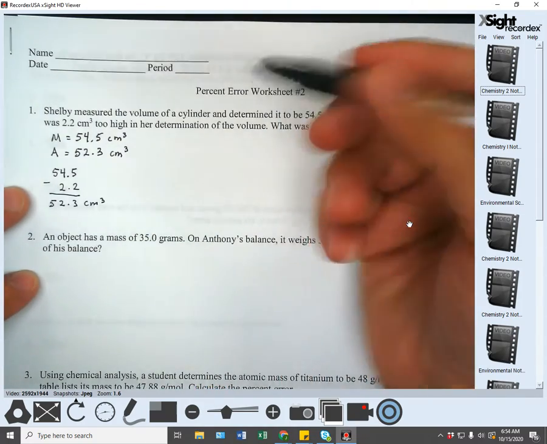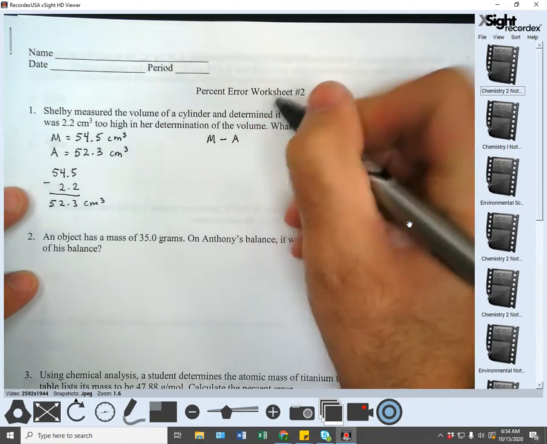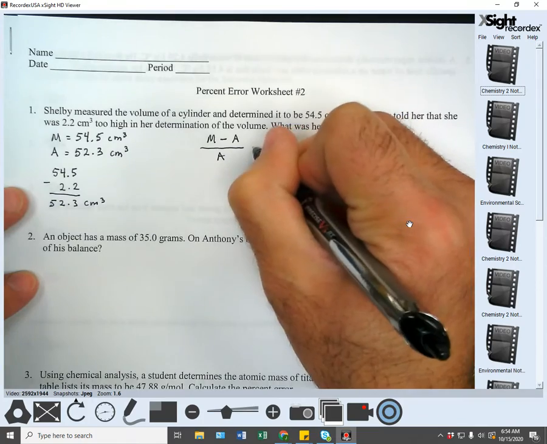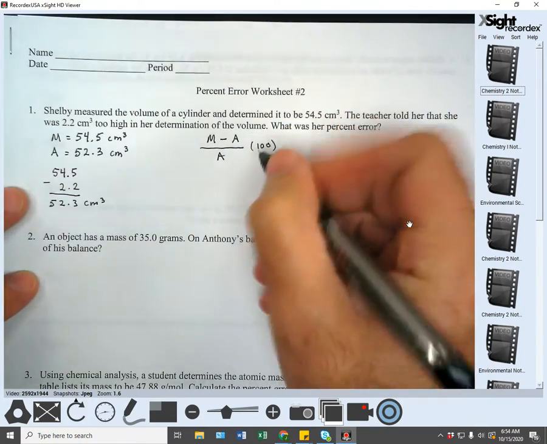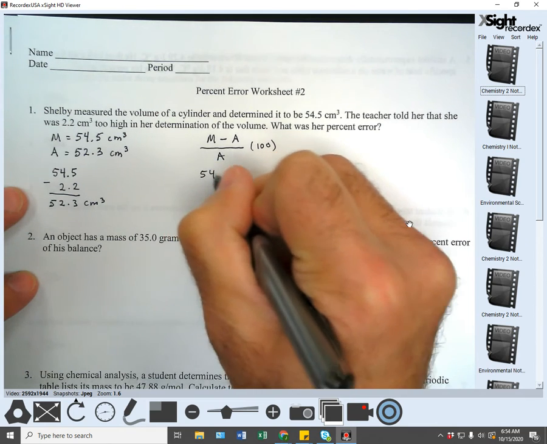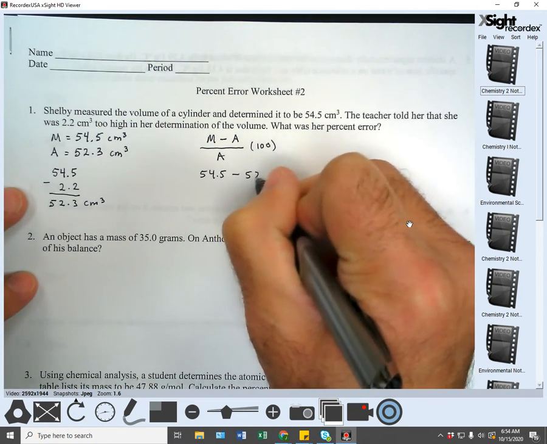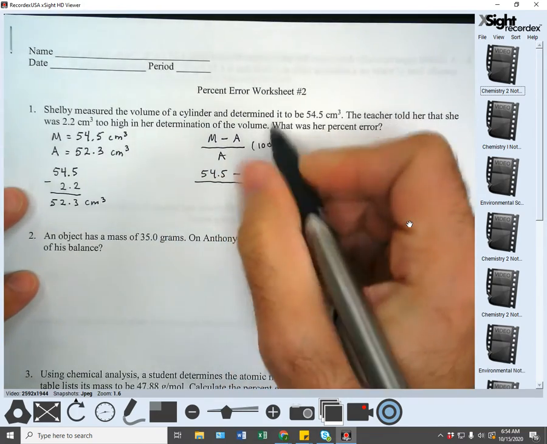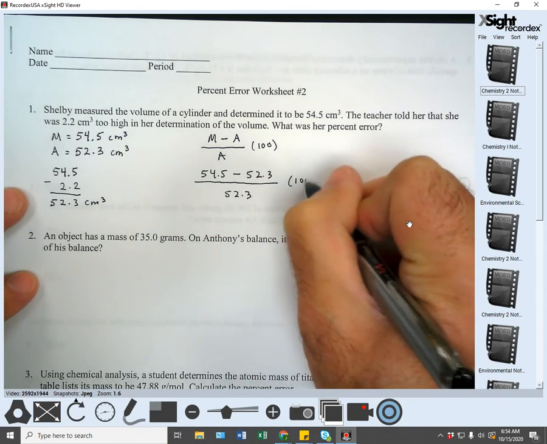Okay, so our percent error equation is measured minus accepted, all over accepted, times 100. So we're going to plug in the parts: measured minus the accepted, all over the accepted, times 100.